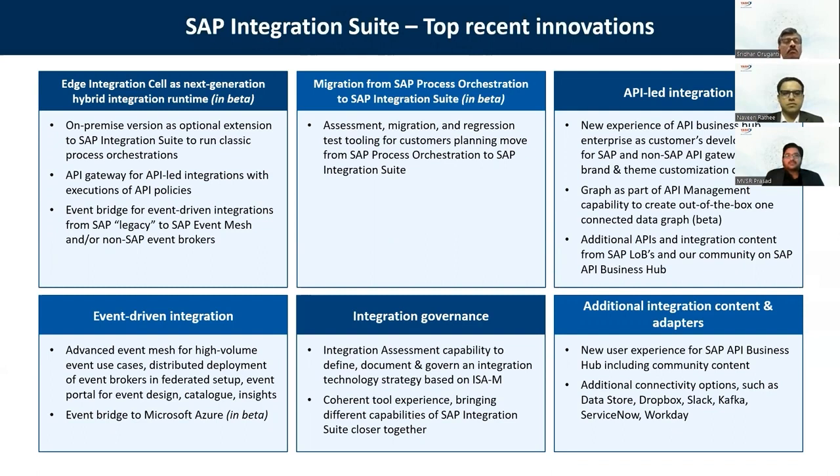This runtime is going to have API-led integration and also Event Bridge for event-driven integration. This is very advanced in terms of moving the scenarios from on-premise to Integration Suite, and we no need to worry about leveraging the PO for all the scenarios.